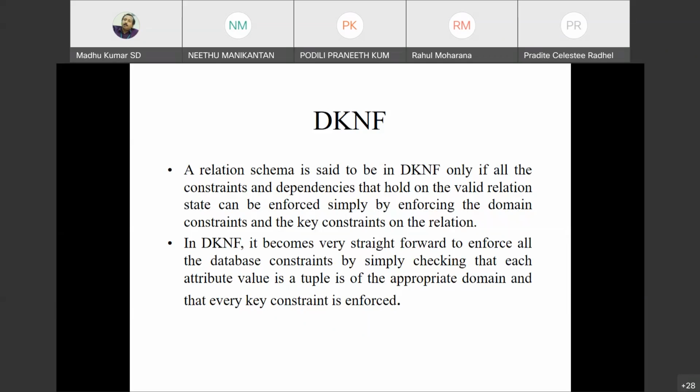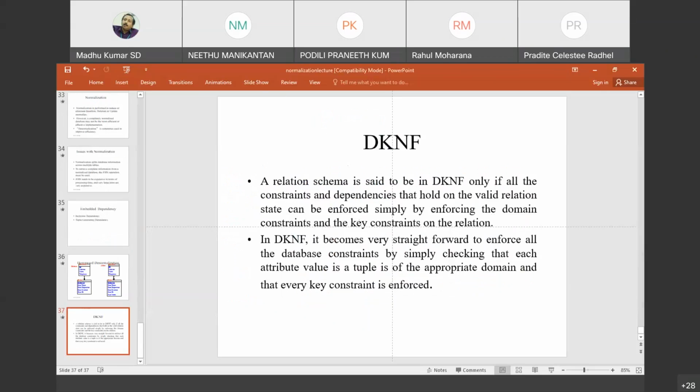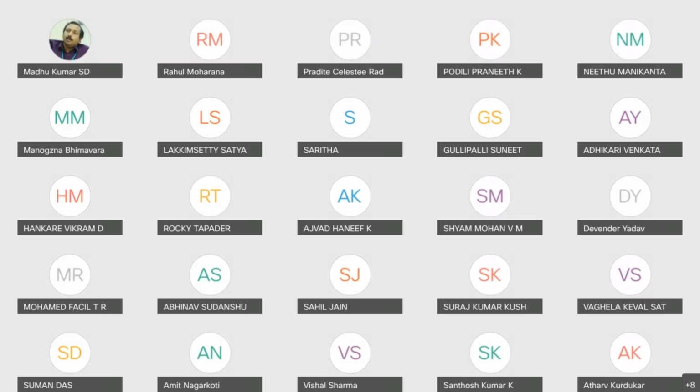So you have domain sets, a set for the valid program codes, that is MTech, BTech, PhD, etc., or valid branch codes, so you should have the values from those. So read more about DKNF. That is very important. That is given as an exercise for you.